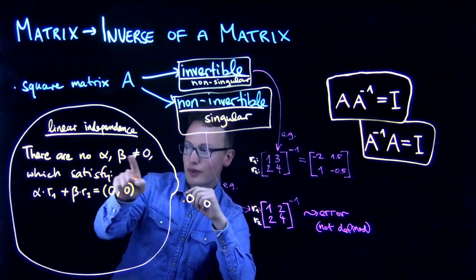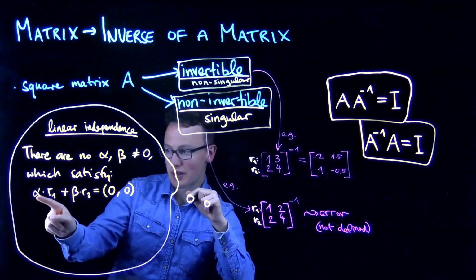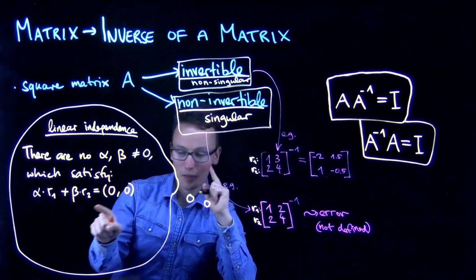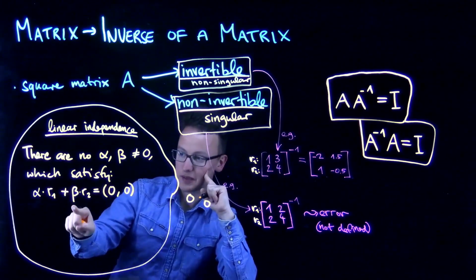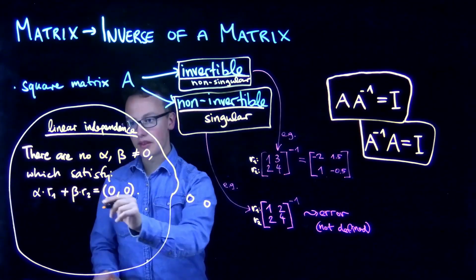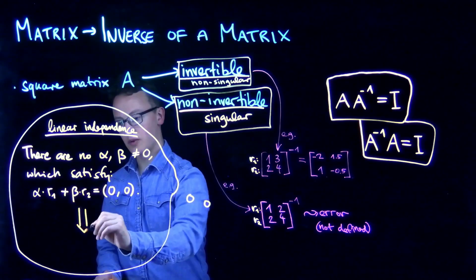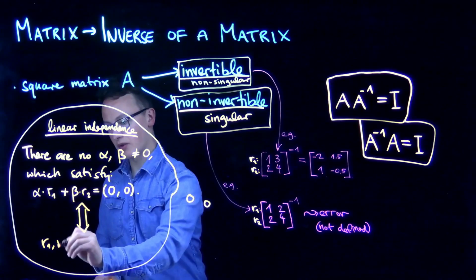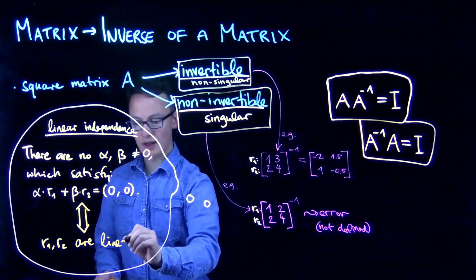If we can't find any such coefficients which are not 0 themselves, obviously we can always put alpha equals 0 and beta equals 0, and this will make the equation true. But if we cannot find any other pair of alpha and beta values which make this true, then we can say that these rows 1 and 2 are linearly independent of each other.